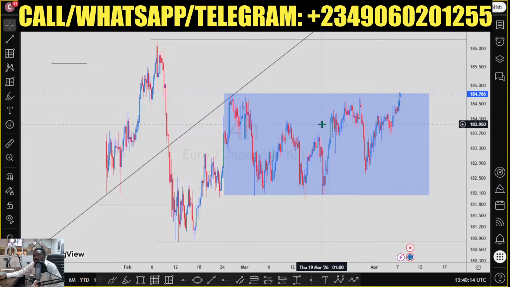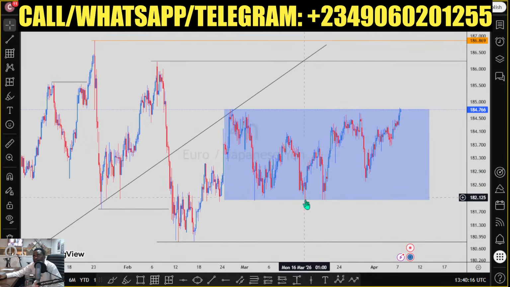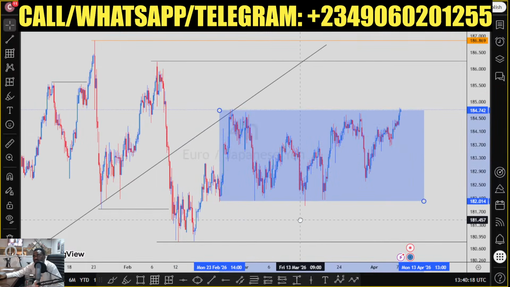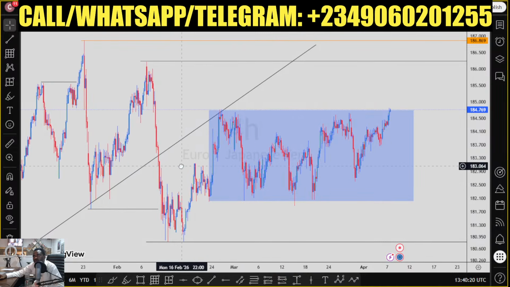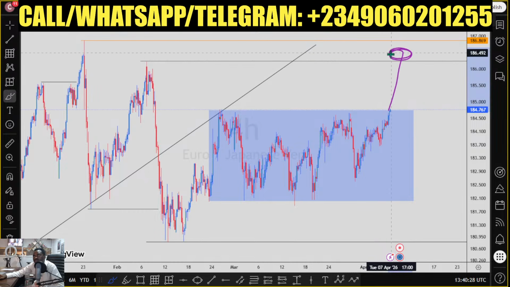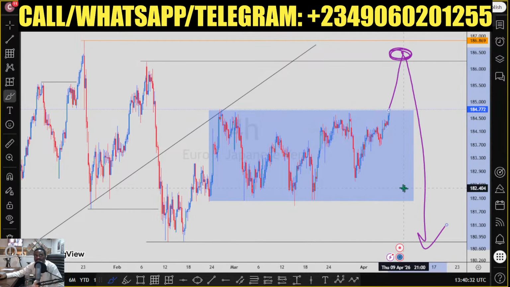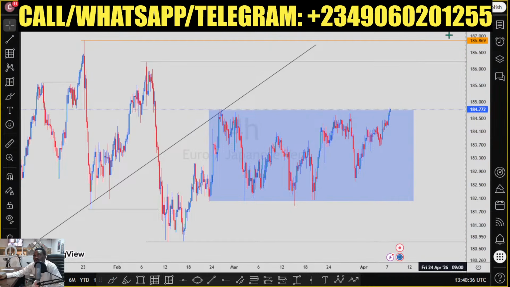So based on what I'm looking out for as a trader, I want price to what? Continue its rally all the way up, take out this structure, then distribute. So this means I have to wait for days or weeks.